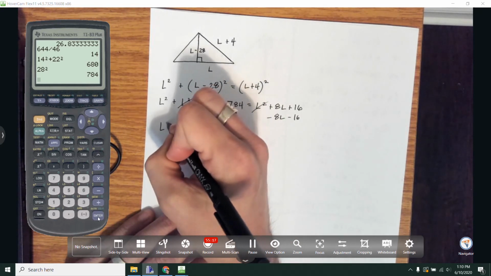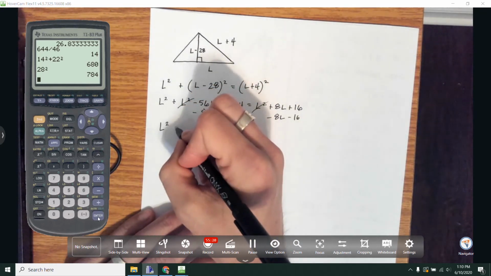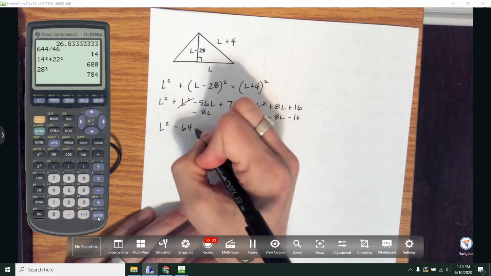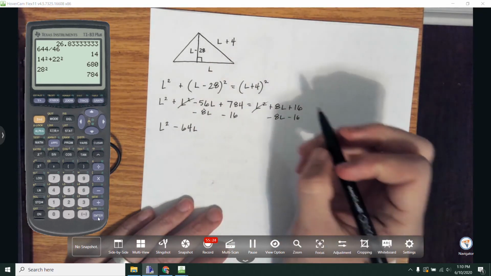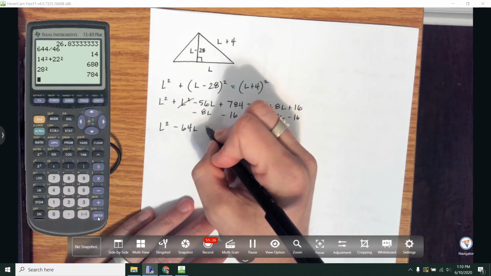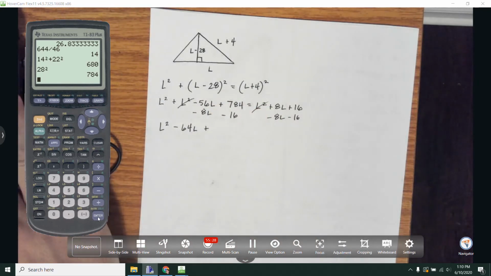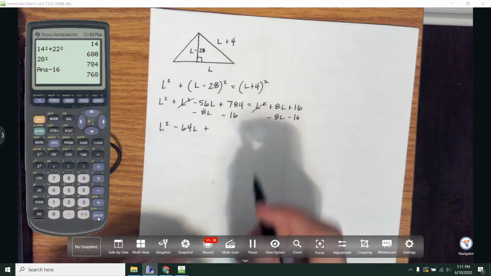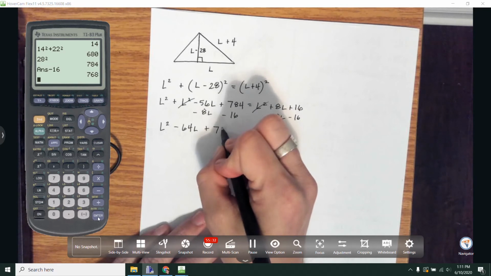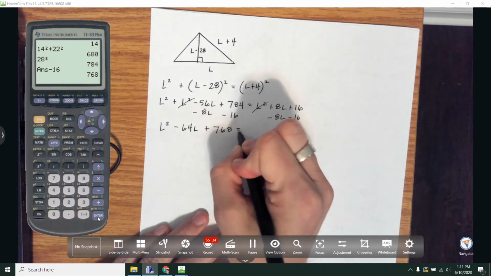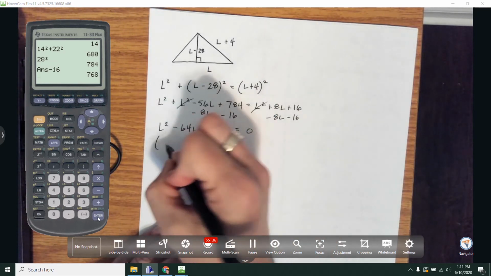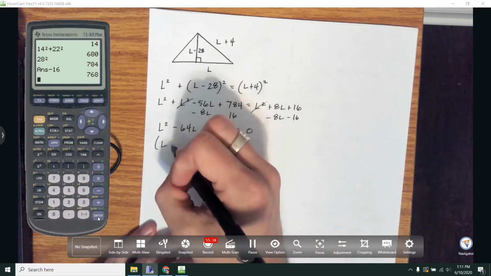That leaves us with L squared, this would minus 64L. And then we're going to subtract there, and that's just going to be minus 16. So we get plus 768 equals 0. Now we're going to get two negatives.